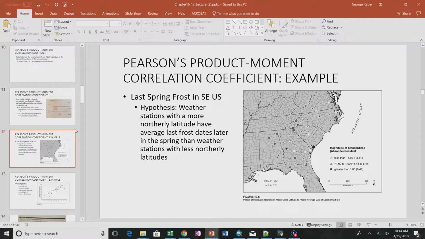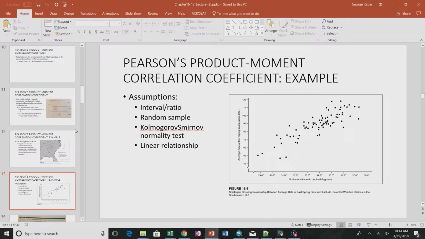Probably a little bit out of order slide here. Weather stations with a more northerly latitude have an average fall later than less northerly latitudes. So that's what we're trying to look at. Here's the linear relationship, which we've now seen in a few different ways. There is a test to see if the values are normal.